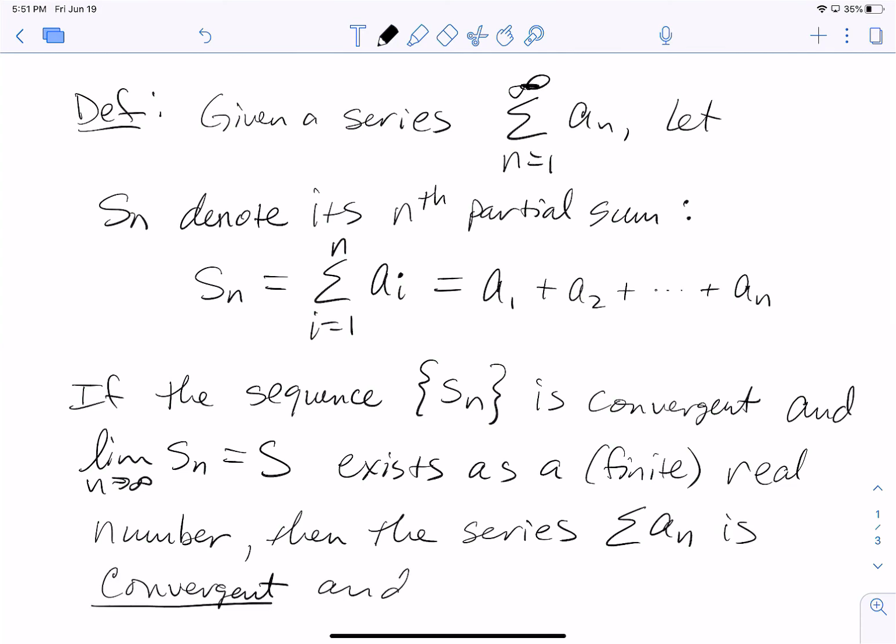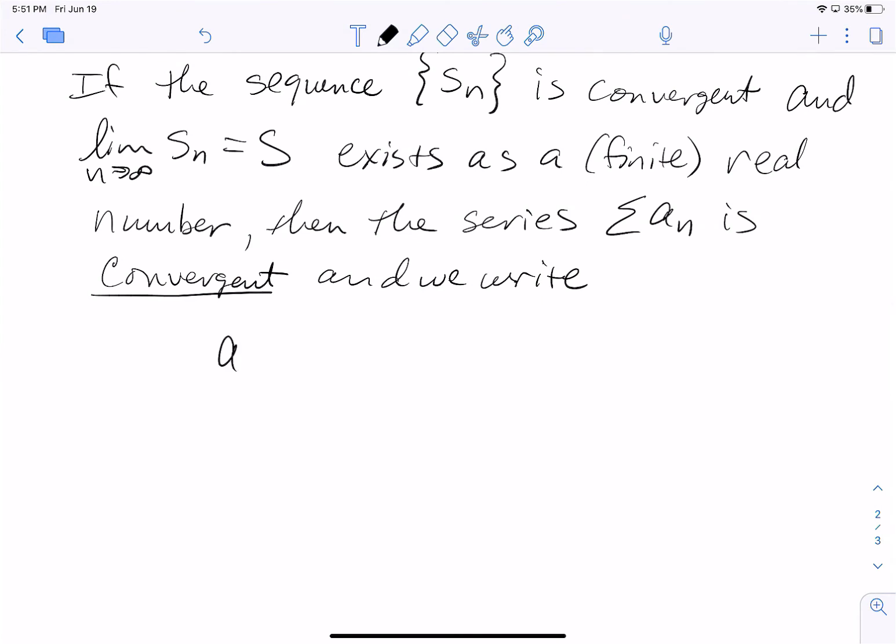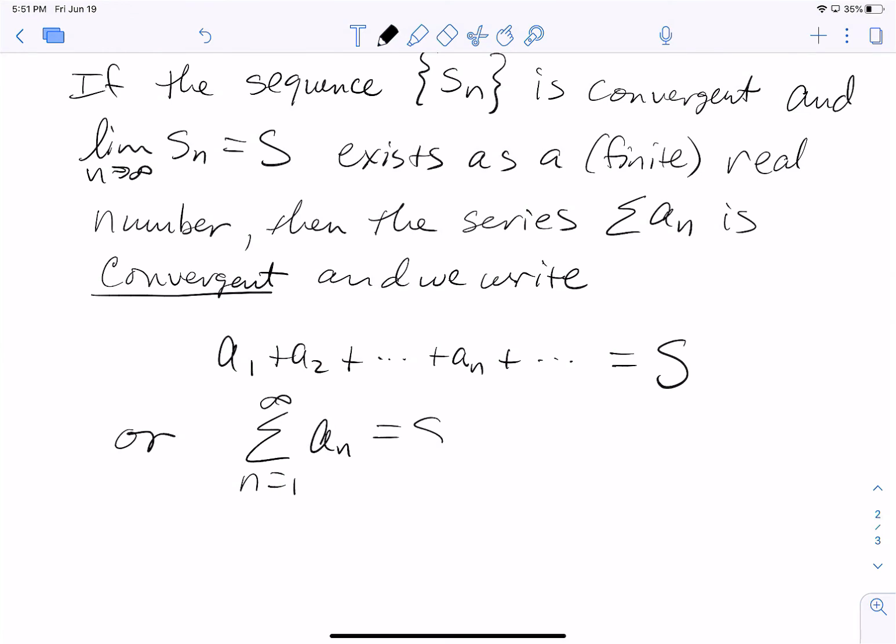And we write that a sub 1 plus a sub 2 plus dot, dot, dot plus a sub n plus dot, dot, dot, we keep going, it's infinite, is equal to S. Or we say the sum as n goes from 1 to infinity, using sigma notation, of a sub n is equal to S. S is then the sum of this series.